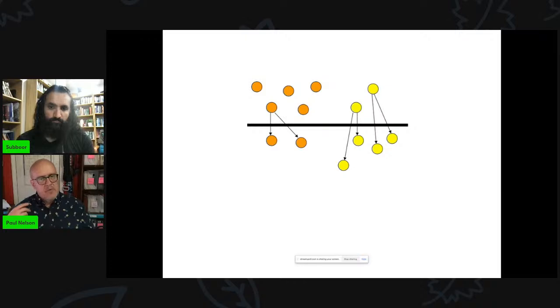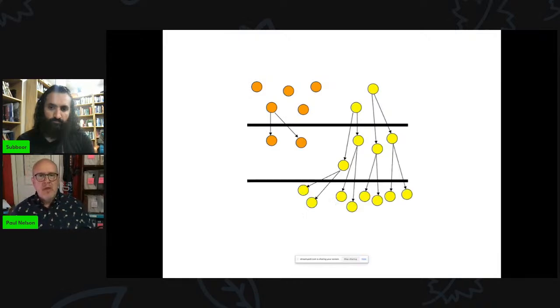Let's say we raise the temperature, or we introduce a toxin into the chemostat where these critters are growing. And the yellow trait, whatever it happens to be, enables survival and reproduction, whereas the orange trait does not.